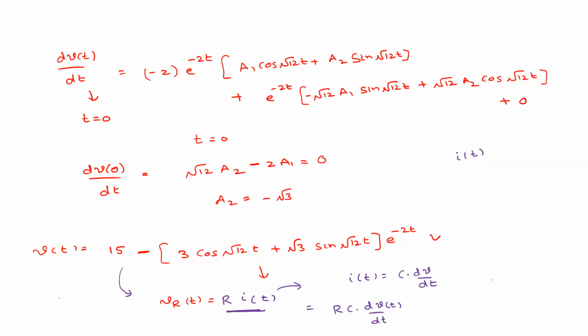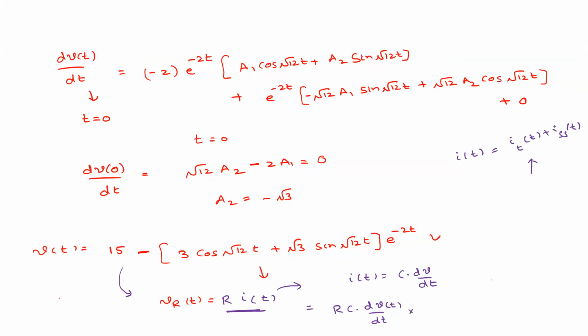Or straight away, you can write the expression for I of t similarly, as I transient of t plus I steady state of t. Then you can multiply with R, and that gives you the voltage across the resistor. So there is no need to do this derivative part.